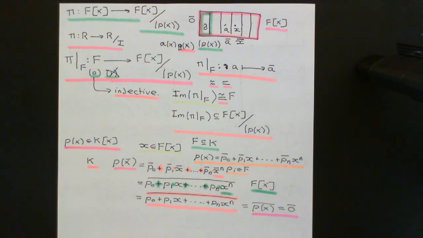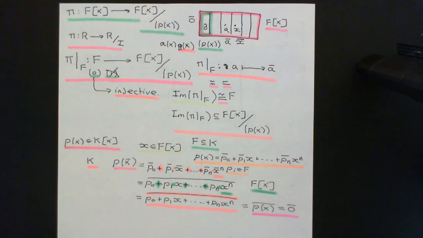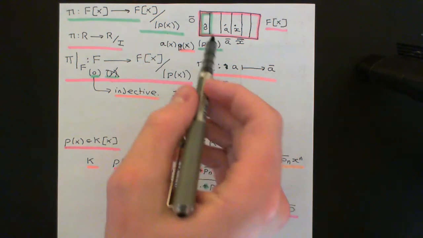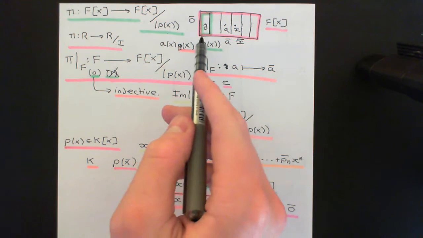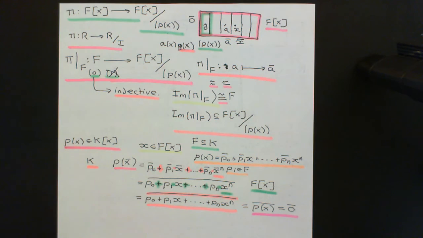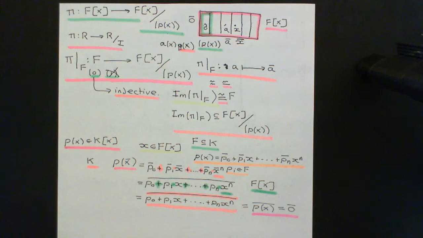Okay, what I want to do in this next video is try to understand this field in more detail, and we've called this field extension K to shorten the notation. What I now want to do is actually try and characterize the elements of K. Okay, we know that it's going to be the additive cosets of the principal ideal generated by p of x, but what I'd like to be able to do is name all of these additive cosets.